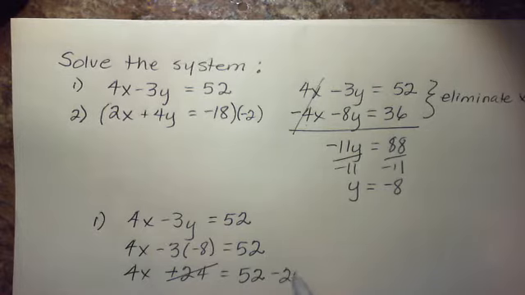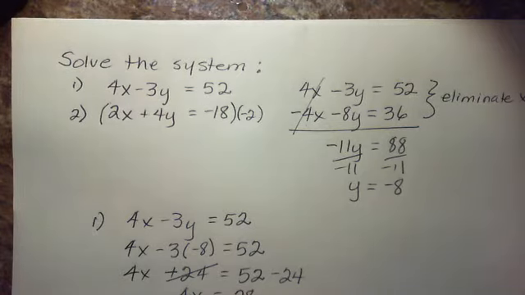And now we'll subtract 24 from both sides. I'll show it this way. And that gives me 4x is equal to 52 minus 24, which is 28. I now divide both sides by 4, and I get x is equal to 7. Now I have a potential ordered pair here, 7, negative 8.